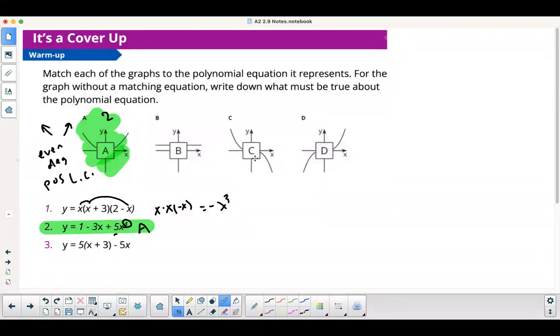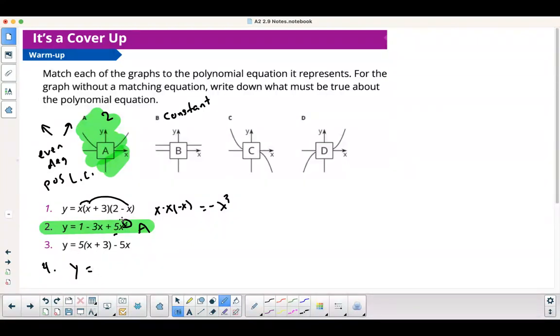So let's go back up to this. Let's go to B. B looks like it's not going up or down. It looks like a horizontal line. It's a constant, okay? So a constant is just a number. So there's the one we don't have the equation for. So I'm going to put here y equals some number. My y looks like a G. Let me rewrite that.